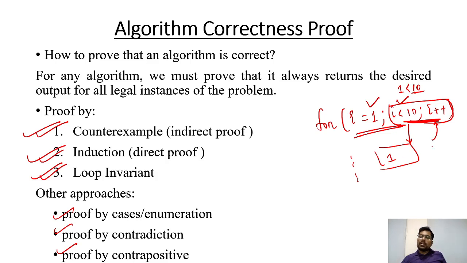First step is initialization, second step is maintenance. You check it up until i reaches 10, like an expiry date. Before the expiry date, everything would be maintained well.